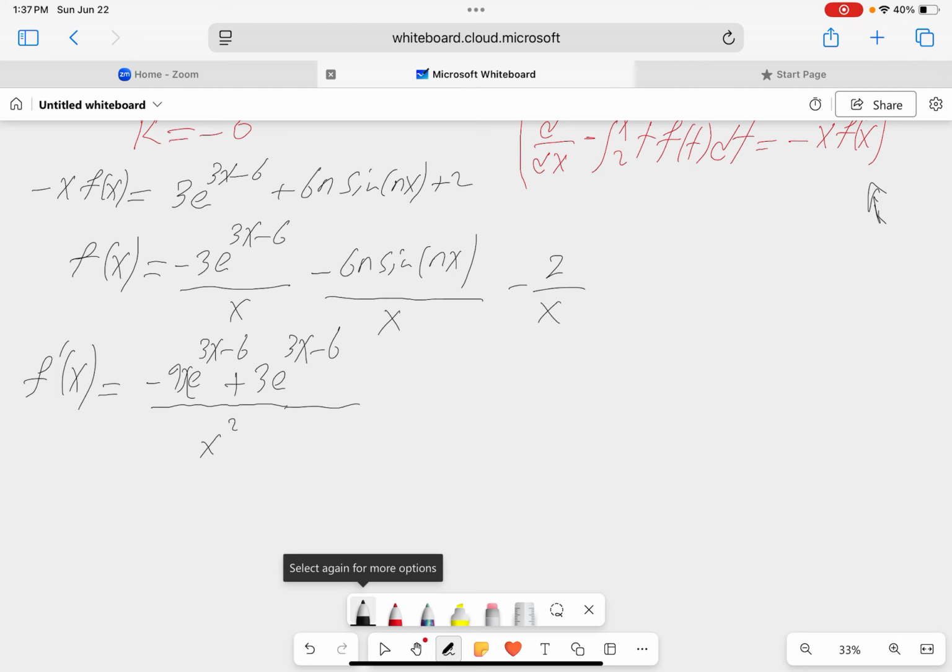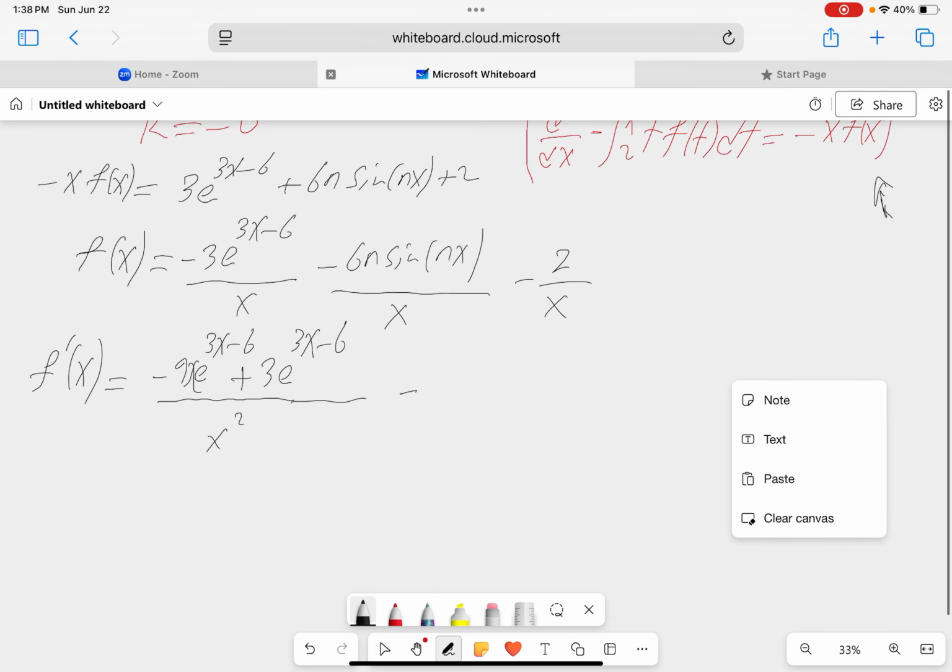Let's see if I got the first one correctly. Yes, the first derivative is correct.